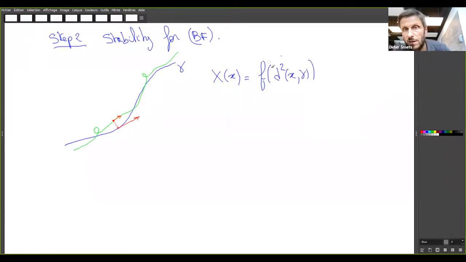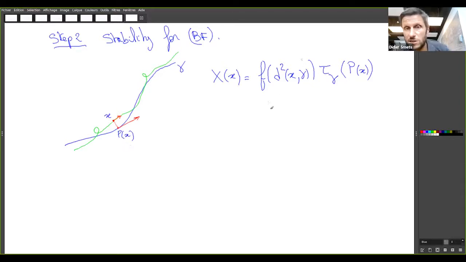So this is a scalar, and I multiply it by the tangent to the curve gamma at the closest point. I call it P of x. Okay, so this would be x, and this is P of x.